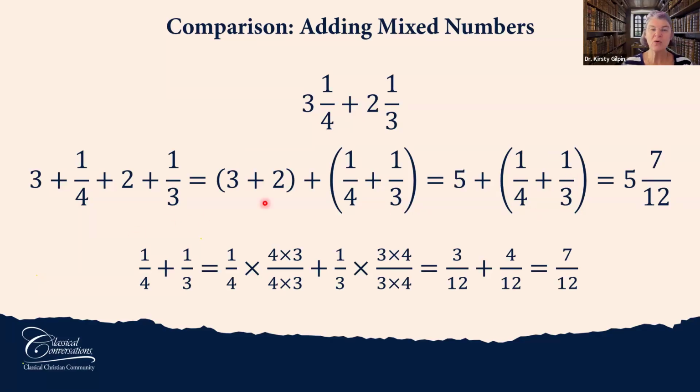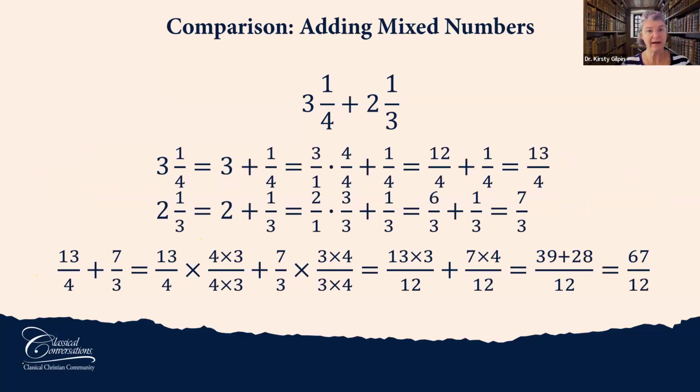And unless I want an improper fraction at the end, I don't have to worry about converting that 5. This is the easiest place with mixed numbers. I only have to worry about converting the fractional part. So I did that separately to see that it becomes 7/12 and my answer becomes 5 and 7/12, right? Adding mixed numbers is the easy spot when it comes to mixed numbers.